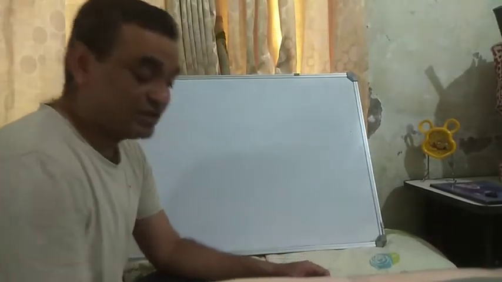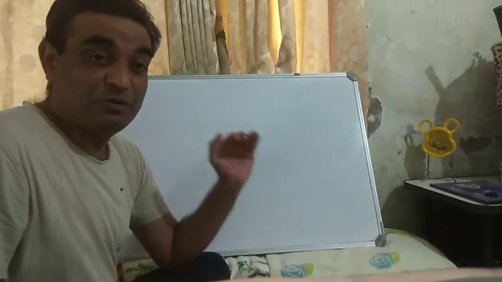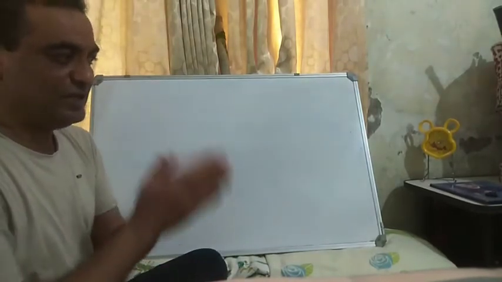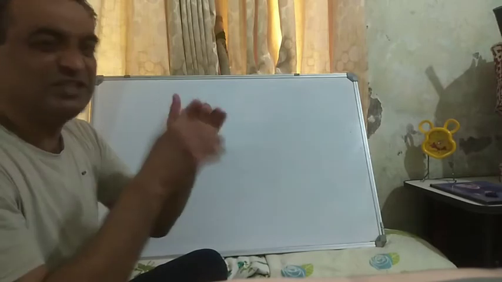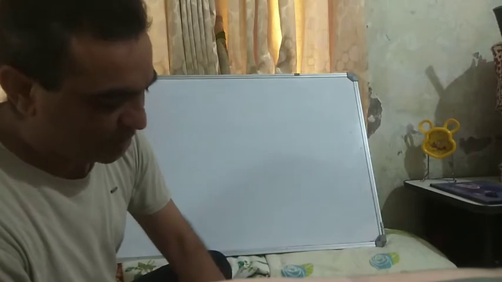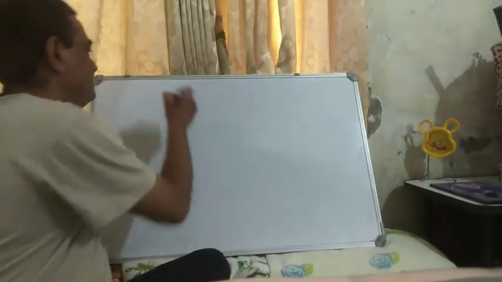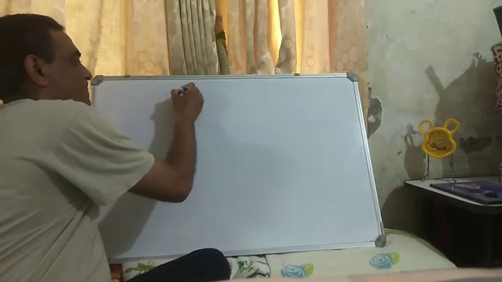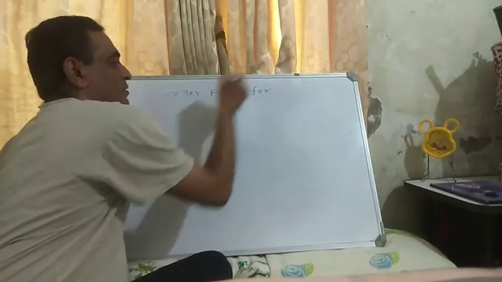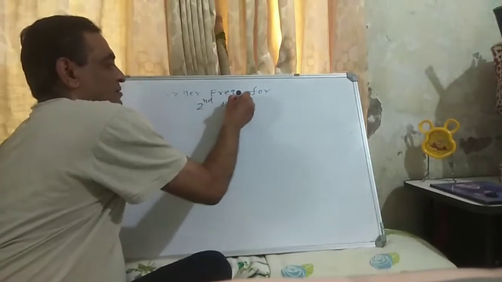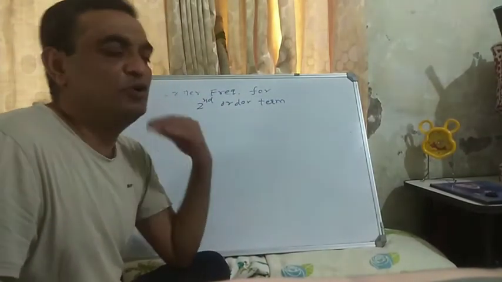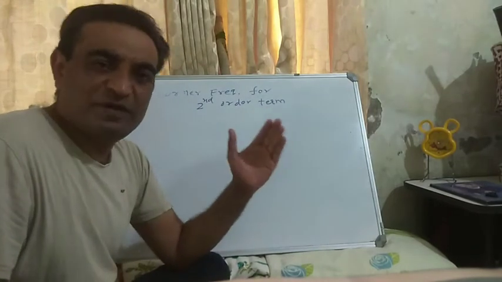Note that corner frequencies are the frequencies from where the magnitude plot changes its slope. That we will see later on. Right now, you should know that the corner frequency is that frequency where the magnitude curve changes its slope. If the first order term is in the numerator of the transfer function, then the corner frequency is 1 by tau.